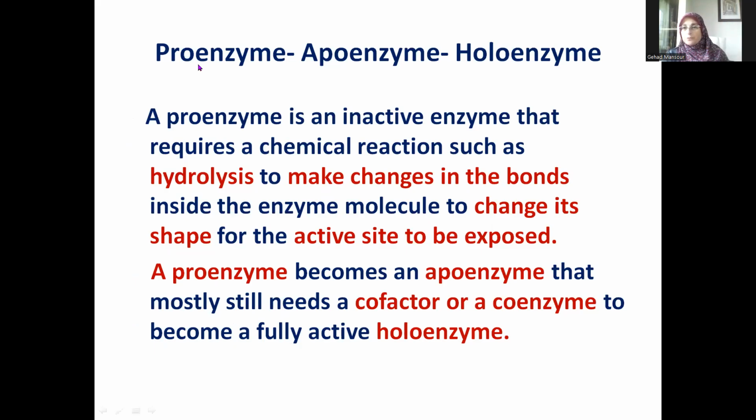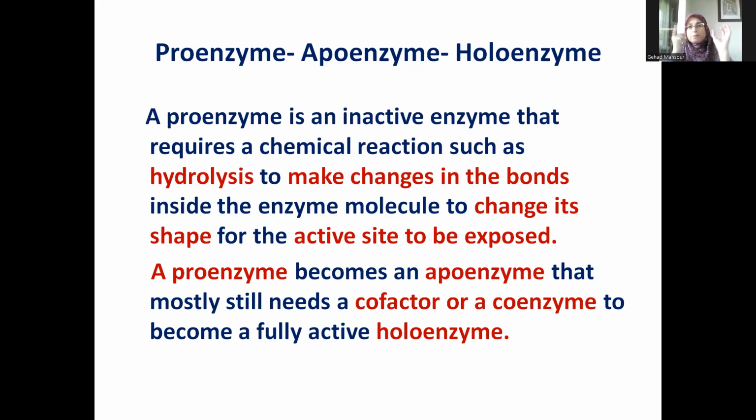When we break part of the proenzyme, actually we are breaking the part that covers, that hides the active site. So when this part is removed, the active site is now obvious and seen and exposed. But is it now active enough to catalyze digestion of proteins? Not yet. This is still an apoenzyme.